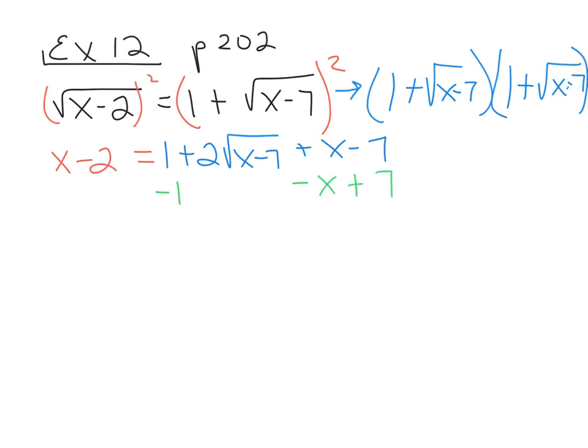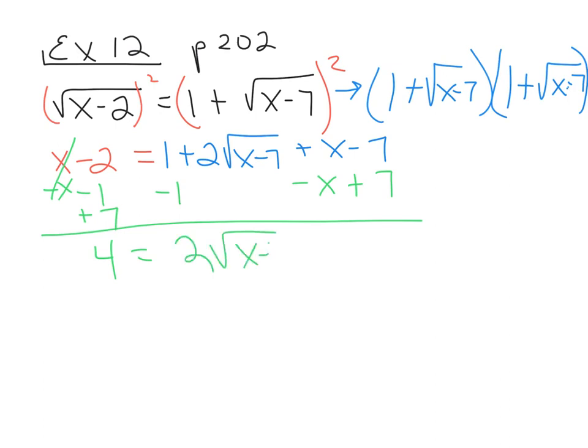So if we do all that over here, subtract 1, add 7, subtract x. Those x's cancel. This turns into 4. Negative 2, negative 1 make negative 3, plus 7 is negative 4. And this is going to be just this left because we got rid of all these other things. So 2 square root of x minus 7.